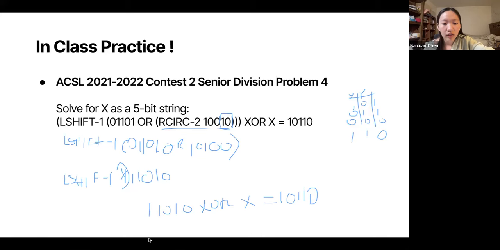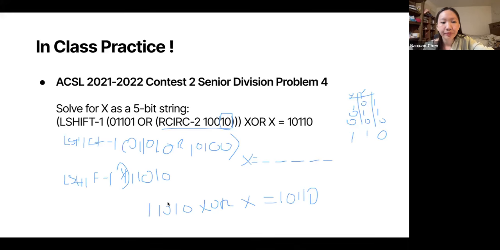So let's just say x is these 5 digits. This one is x. So the first digit of x, exclusive OR with 1, is equal to 1. So then what will the first digit of x be? Yeah, it's 0, right?